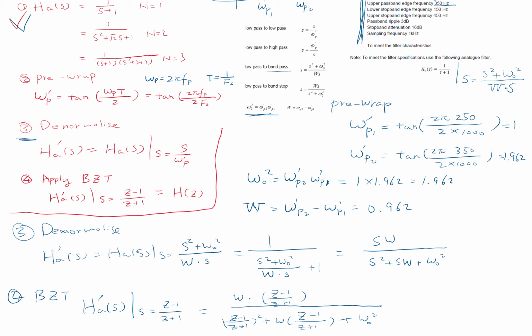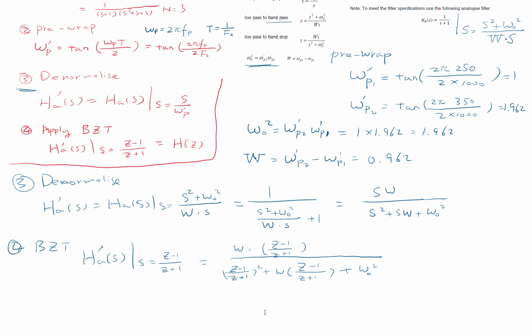Then you can clear the term and make it in a better form, and plug in all the numbers, since we know all the W and omega naught squared. If you plug everything in, you should have a cleared term something like this: 1 minus Z to the order of -2.